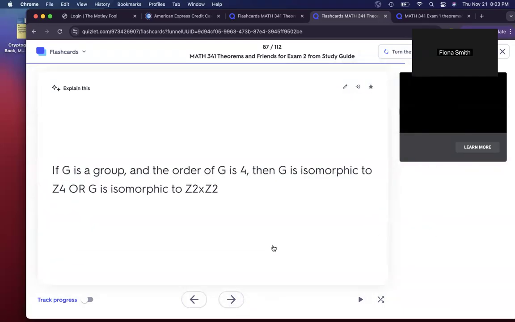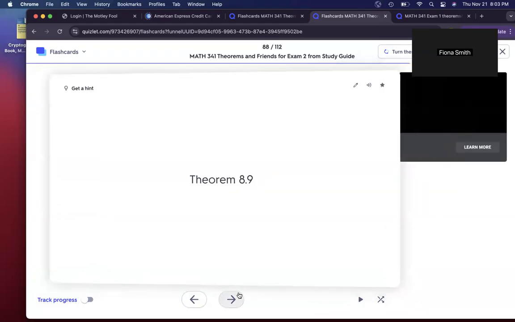Theorem 8.8. If G is a group and the order of G is 4, then G is isomorphic to Z4, or G is isomorphic to Z2 cross Z2. A quick way to tell which one it is: if G has even just one element of order 4, it's isomorphic to Z4. If not, it's going to be isomorphic to Z2 cross Z2.